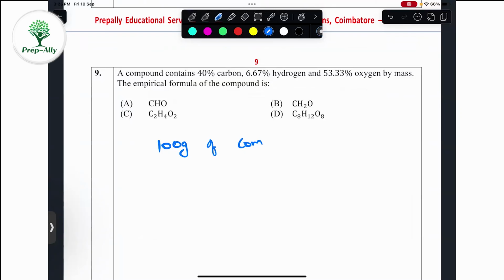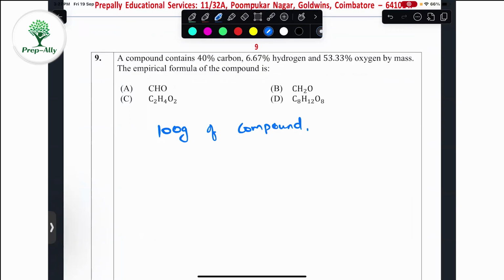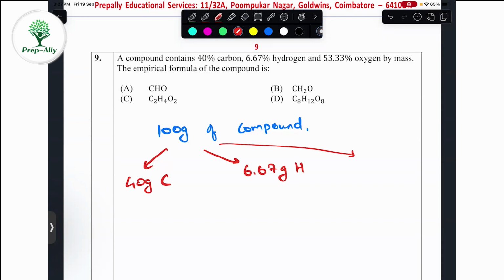So 100 gram of compound I have in my hand. And from that 100 gram, I have 40 gram of carbon, 6.67 gram of hydrogen, and 53.33 gram of oxygen.